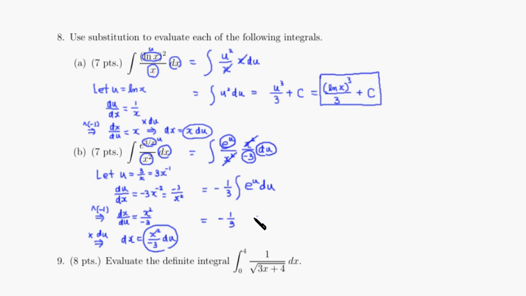It's just itself, so it's going to be e to the u plus some constant c, since it's an indefinite integral. So this is going to be negative 1/3 e to the, u is originally 3 over x, plus some constant c. This is the answer for part B.